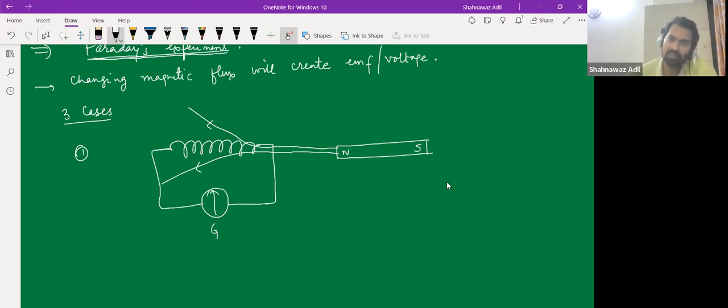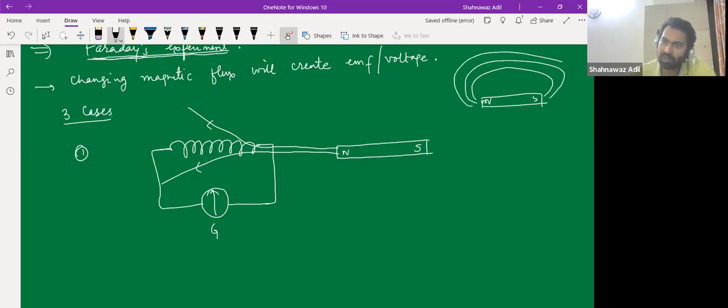Yes, sir. So we know that in a magnet, this is the north and this is the south pole. In close vicinity, we have a large number of magnetic field lines, which shows that in close vicinity the magnetic field strength is high, right?